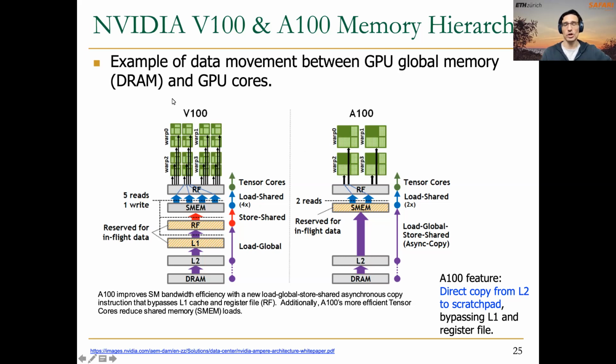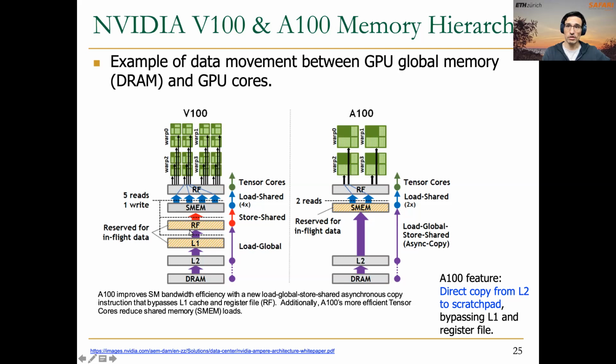If we observe how the data was loaded from the DRAM, from the external global memory into the shared memory in older generations like the V100 GPU and older, if we wanted to move data from DRAM to the shared memory, it was necessary for the GPU threads to generate the addresses and then issue a transaction to the DRAM, bring the data all the way through the cache hierarchy, L2, L1, and then to the registers.